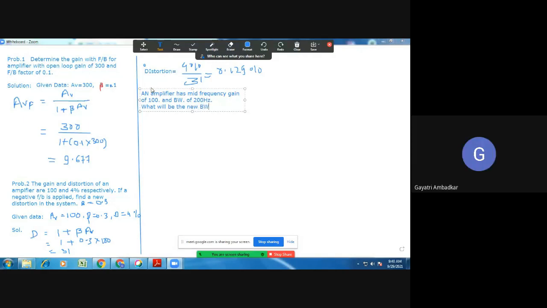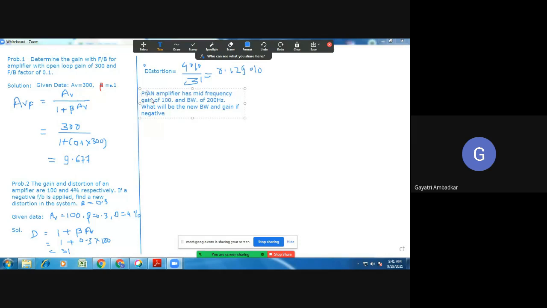What are those? High frequency, low frequency, and mid is bandwidth. Correct. Middle frequency. So in the middle frequency region, how is the gain? Is it varying, increasing, decreasing, or constant? Constant. Correct. In the mid frequency range, the gain is constant. Okay. So now understand the problem.